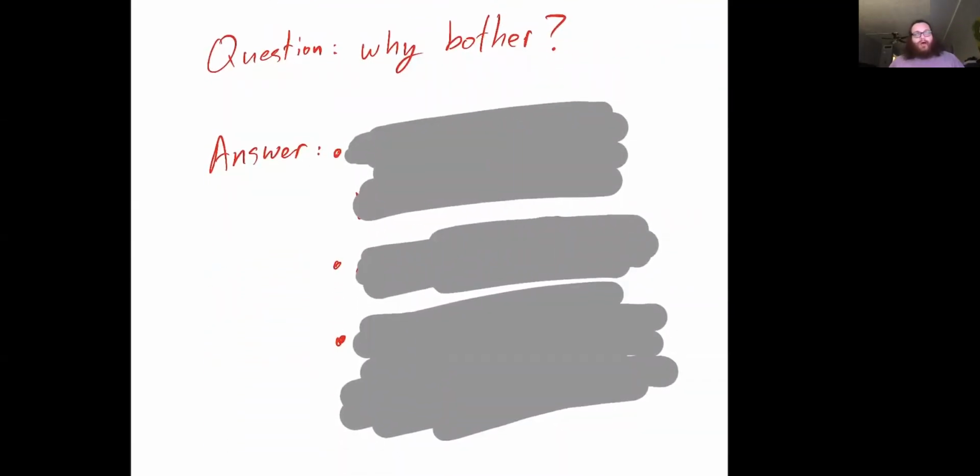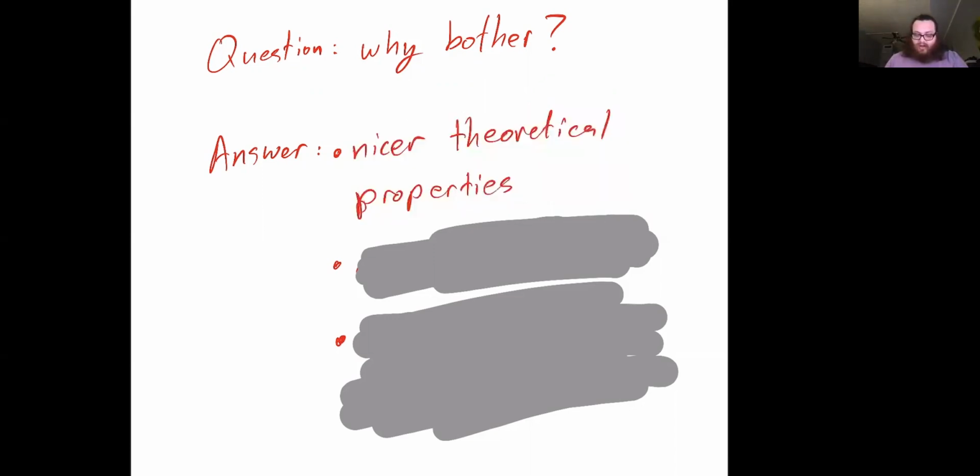But before we go on, the question you might have is, why bother with this other representation of functions, especially one that incorporates complex numbers, where the functions and the things that we care about are all real? So some answers to this are, in some sense, there are nicer theoretical properties.